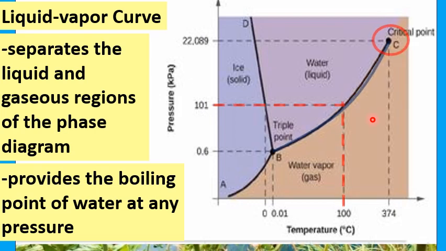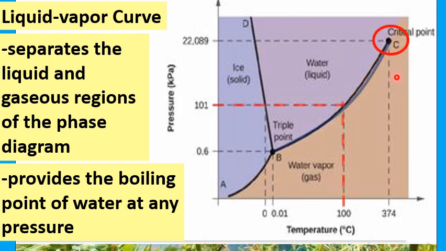Notice also that the liquid-vapor curve BC terminates at a temperature of 374 degrees Celsius and at a pressure of 218 atmosphere, that's equivalent to 22,089 kilopascal, indicating that water cannot exist as a liquid above this temperature, regardless of the pressure.